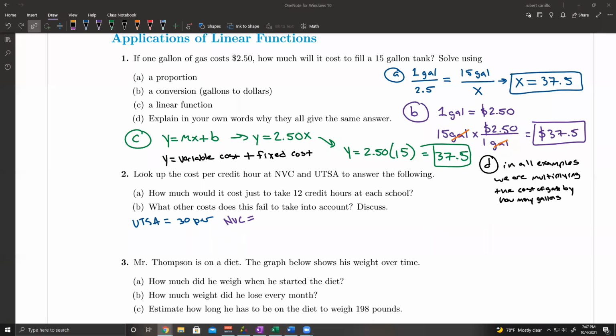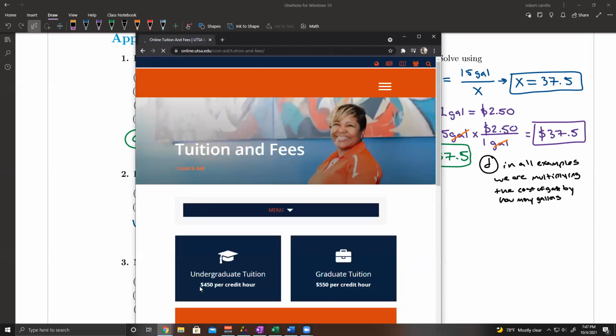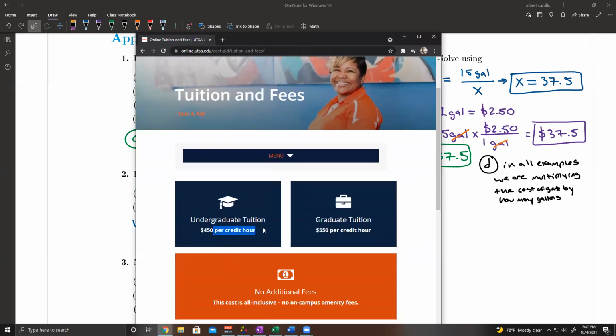I'm seeing that, but I can't believe that UTSA is 30, you know? Yeah, let's look at UTSA again. I don't think that's right. All right, let's look at UTSA again. This is why you don't believe the internet. Oh, there it is. Look at that. $450 per credit hour.